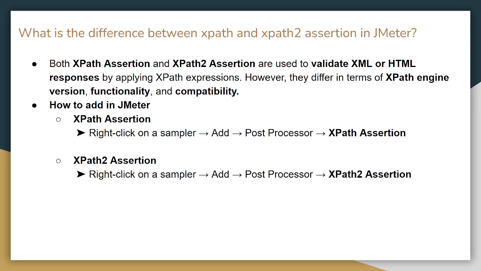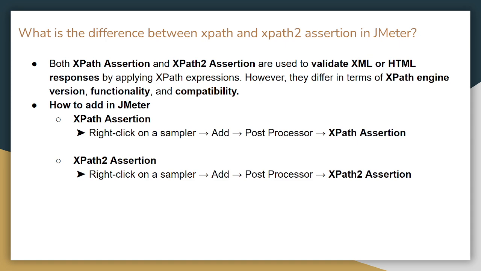Now the question is, what is the functional difference between XPath and XPath 2? The normal difference is in the XPath version. XPath assertion is 1.0, XPath 2 assertion is 2.0. For the engine used, we normally use JAXP for XPath 1.0, and Saxon for XPath 2.0.